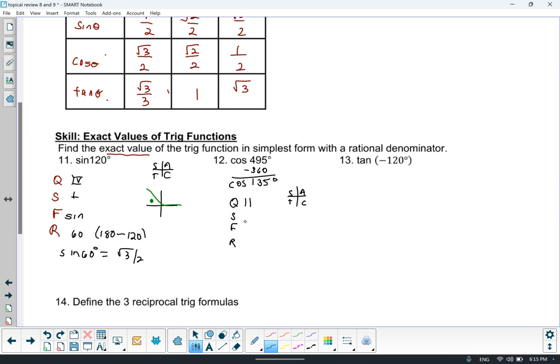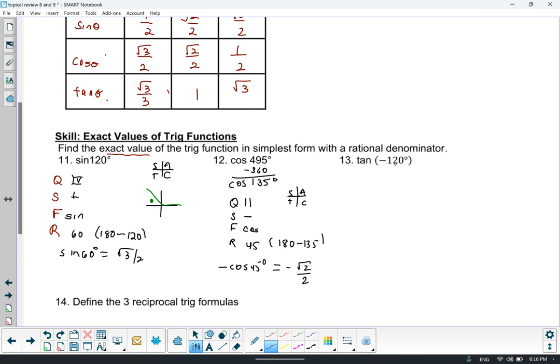Therefore, cosine and tangent and all the reciprocals of cosine and tangent are negative. The function is cosine. And to get the reference angle, again, it's in quadrant 2, so it's 180 minus 135, or 45 degrees. So this becomes negative cosine of 45 degrees, which is negative rad 2 over 2.